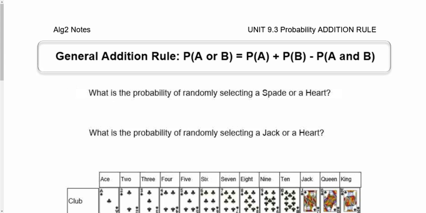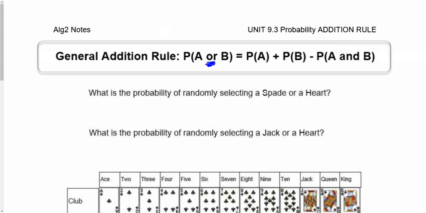So now I'm going to show you the formula, and I'm going to sort of explain that most teachers and most textbooks will give you 2 different formulas. They will give you a formula for mutually exclusive, and a formula for not mutually exclusive. But I'm just going to give you one because I'm going to explain what happens with mutually exclusive. So in this general addition rule, if you want to find 2 probabilities, that is an OR problem, because that's the key word here.